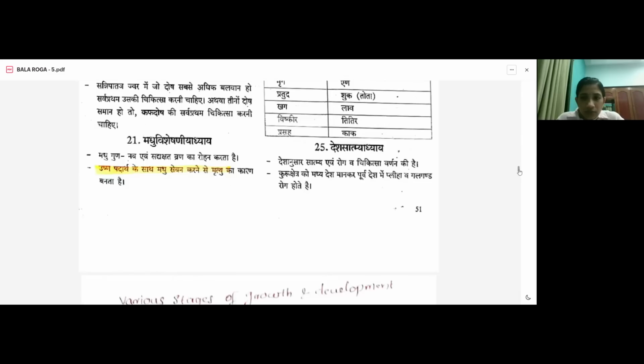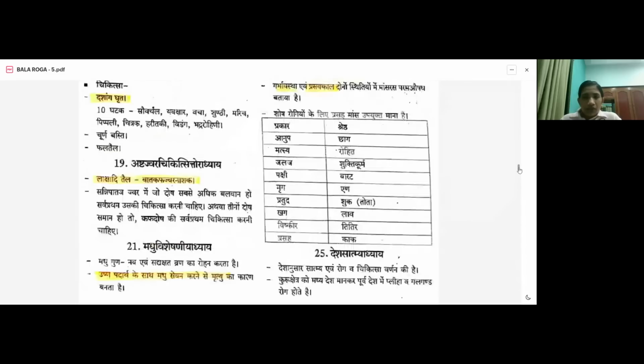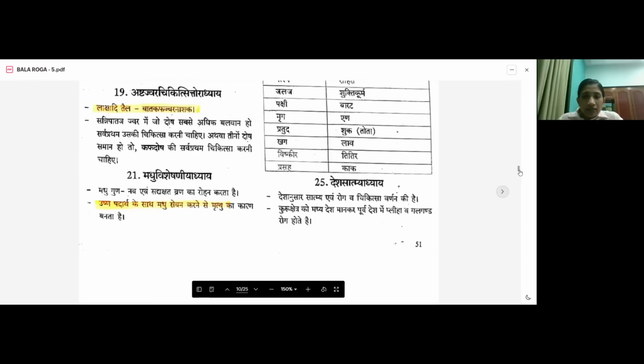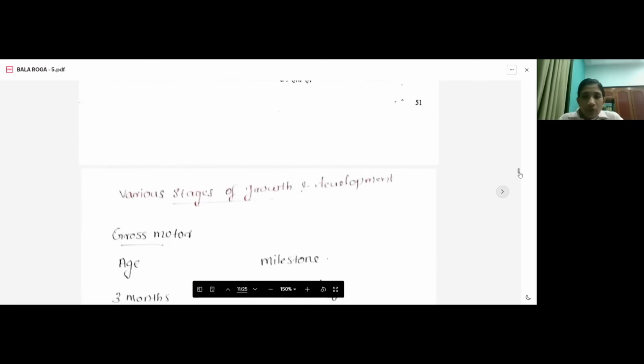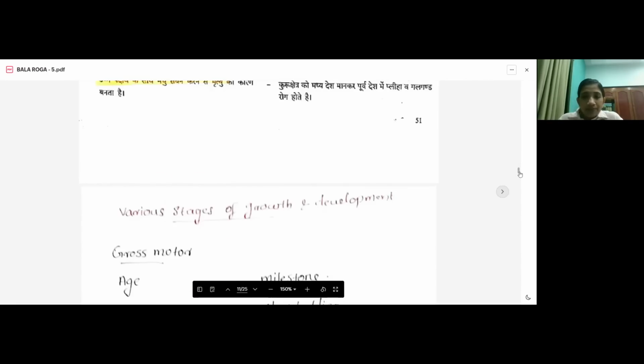So these are the points you have to remember in the Kashyapa Samhita. We have completed the points in Kashyapa Samhita. And next we are going to study the modern part, that is modern pediatrics. This is a vast subject, and we don't have to study each and every point in pediatrics. In this class, I am only mentioning the important points.